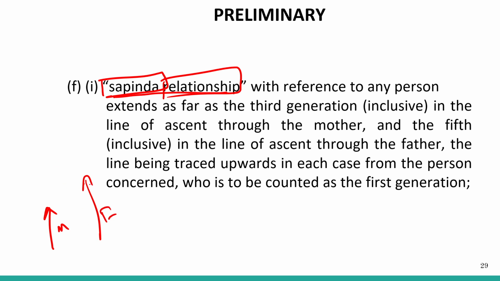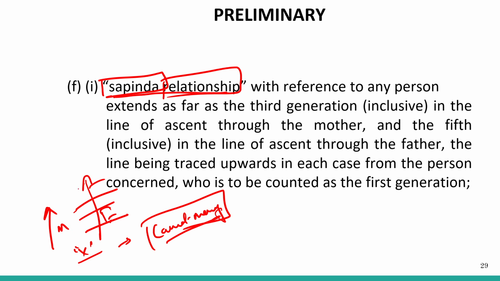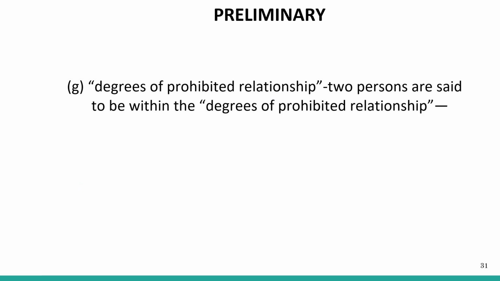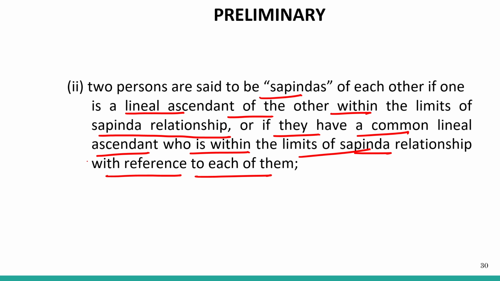If somebody falls in these lines, related to your father, grandfather, great-great-grandfather, great-great-great-grandfather, mother, grandmother, or great-grandmother, then that person cannot marry anyone in that particular line of ascent, because they have a Sapinda relationship. I suppose it is now clear to you what exactly a Sapinda relationship is.